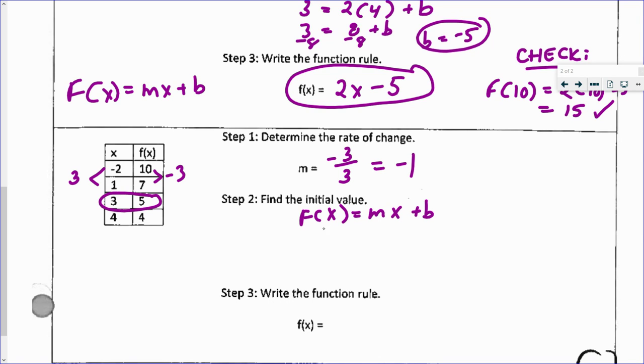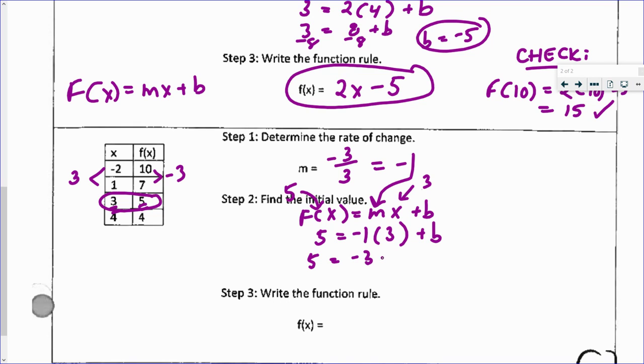Doesn't matter which one you pick. -1 is going to go in for m. 3 is the x value, so I'm going to plug that in for x. 5 is the y value, so I'm going to plug that in, or the f of x value. I'm going to replace f of x with that. So I can do 5 equals -1 times 3 plus b.